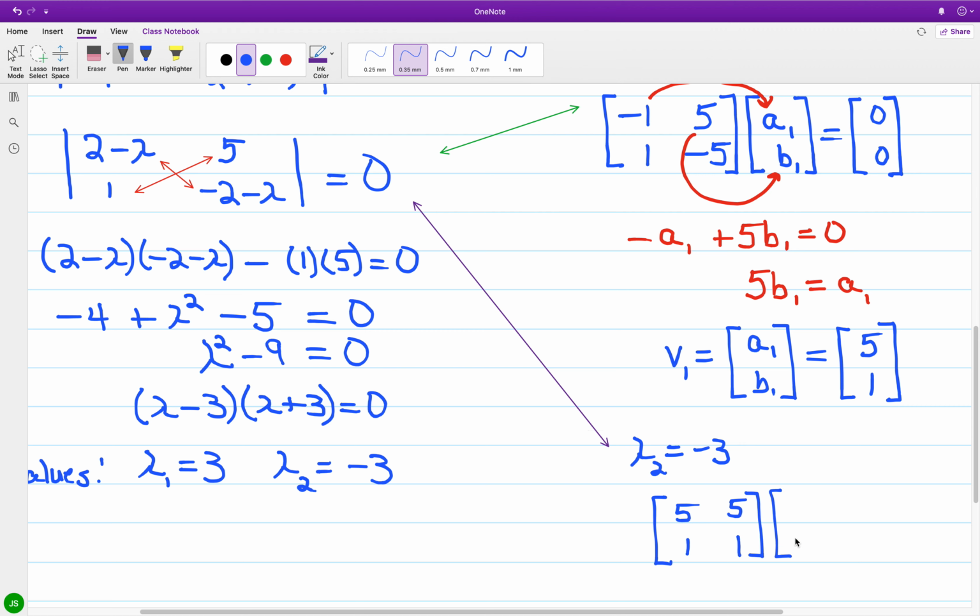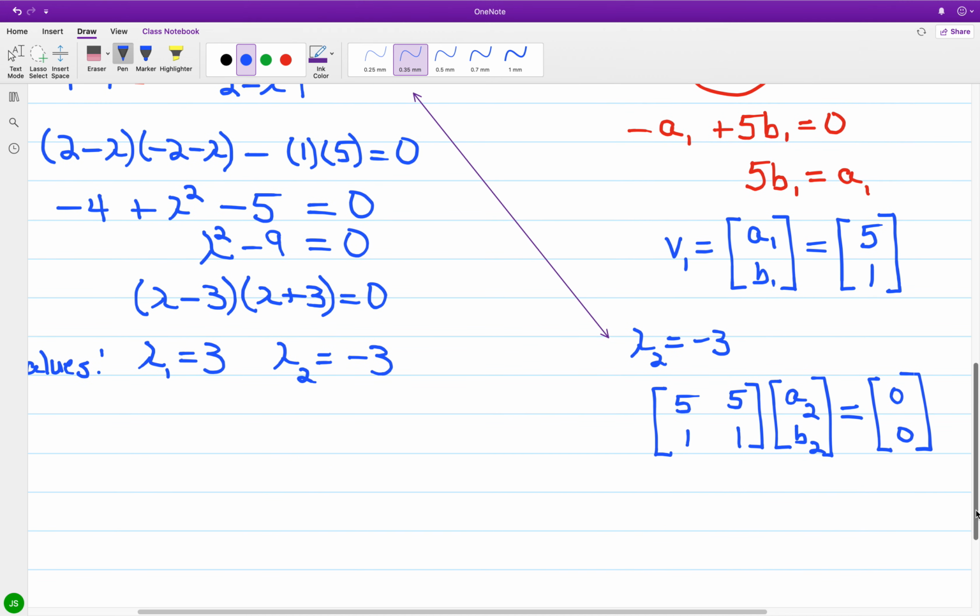For the second eigenvector, we'll designate it as a of 2 and b of 2, and the representation here is 0 and 0. I could have worked with 5a of 2 and 5b of 2, but I'll work with the second row from the first matrix.